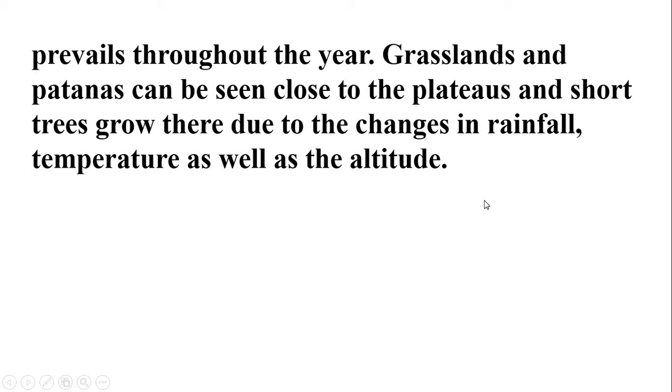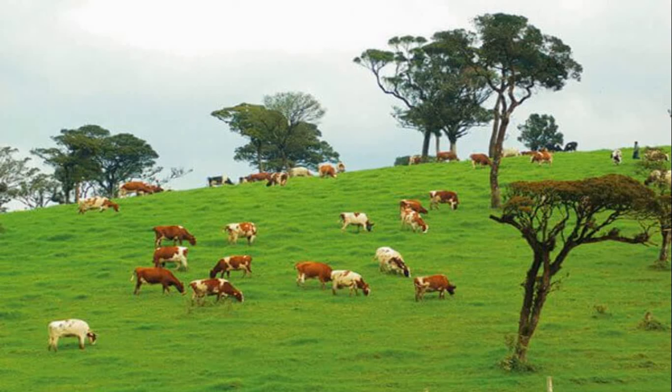Grasslands and patana can be seen close to the plateaus, and short trees grow there due to the changes in rainfall, temperature as well as altitude. So they can be seen closer to the plateaus. In other words, they can be seen in the central highlands, where we can see plateaus.